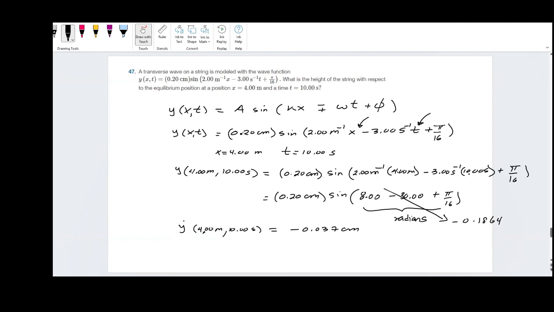So the height of the string is below the equilibrium position because it's negative, and it's at 0.037 centimeters from this equilibrium position, right? So we have now a description in terms of the time and the x position, and what is the y position of the string.